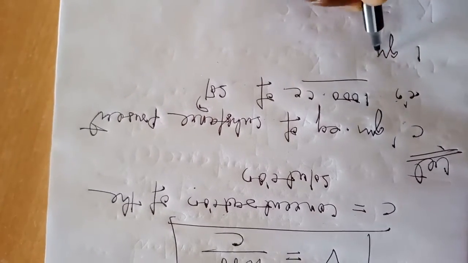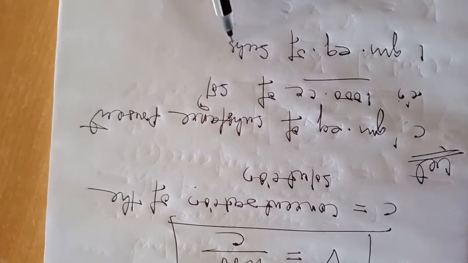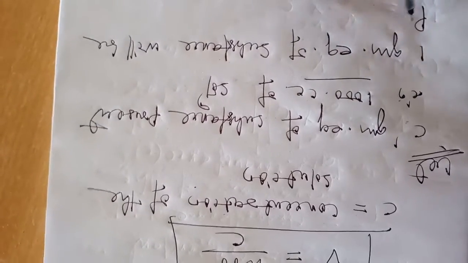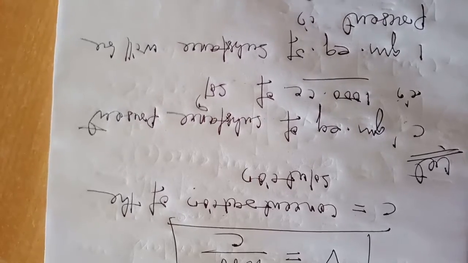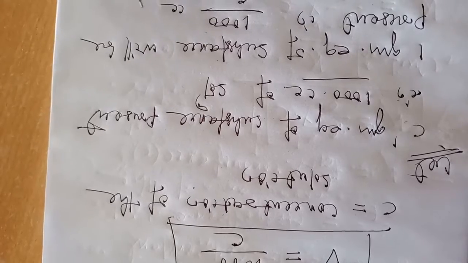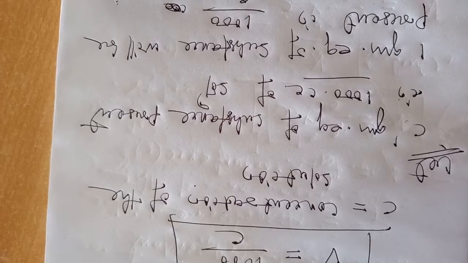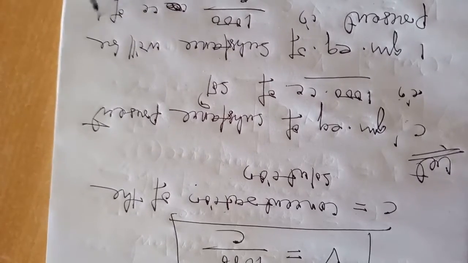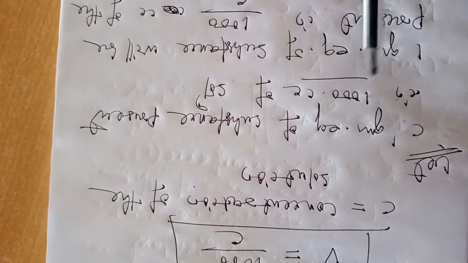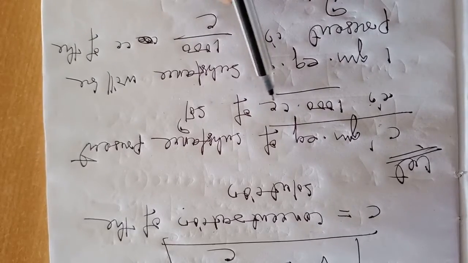Then 1 gram equivalent of substance will be present in 1000 by C cc of the solution.